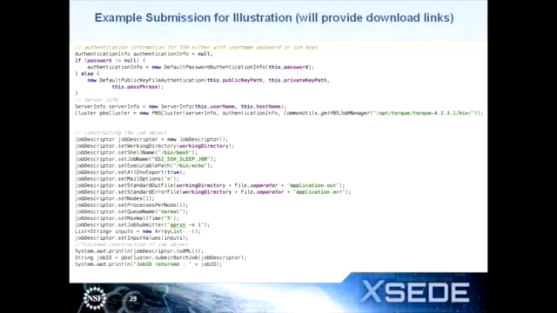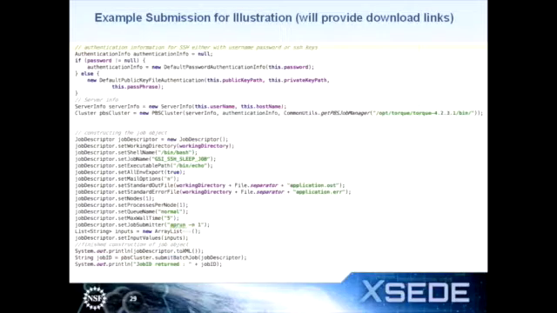This is a simple code example. I just wanted to show you the steps you need to do if you are a Java programmer or a gateway developer. Here I'm doing a simple SSH authentication. In a future slide, I will show you how to do the MyProxy authentication. It's pretty straightforward.